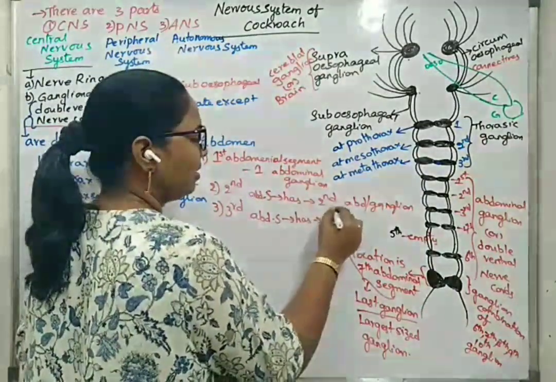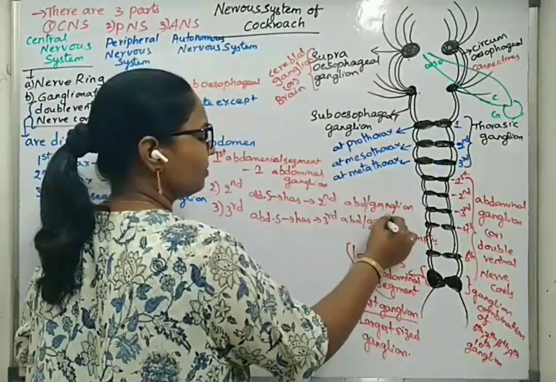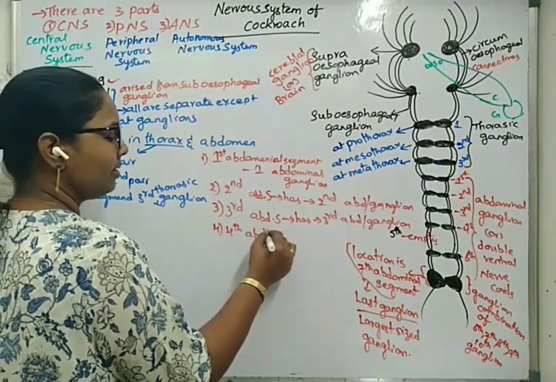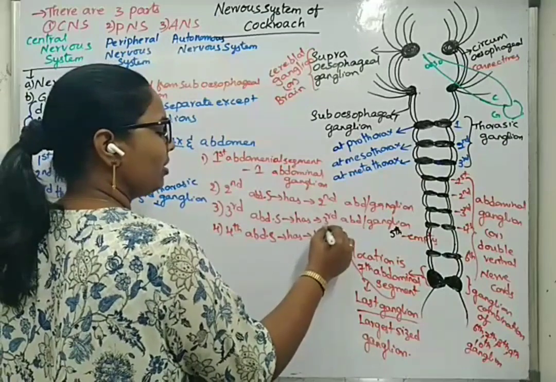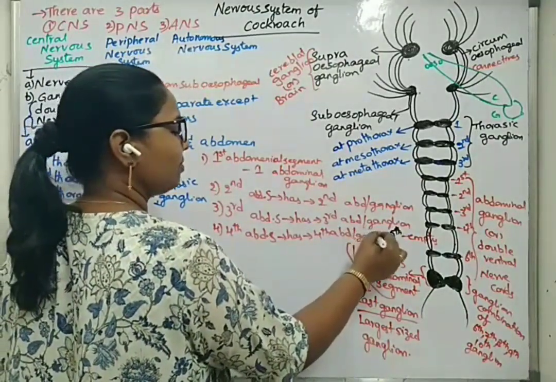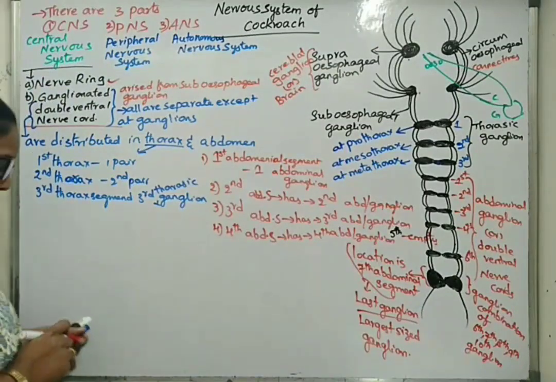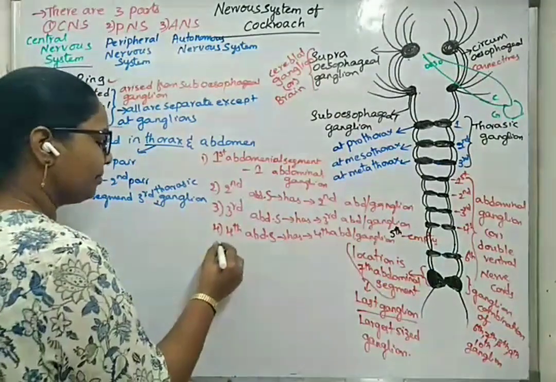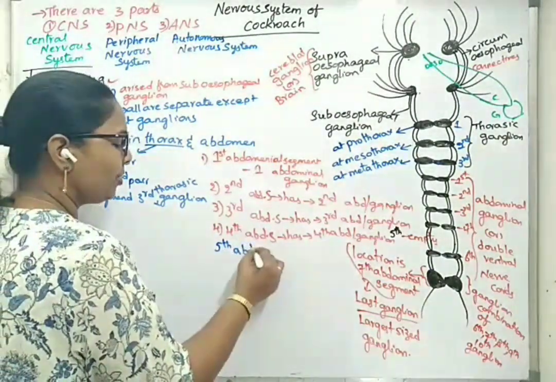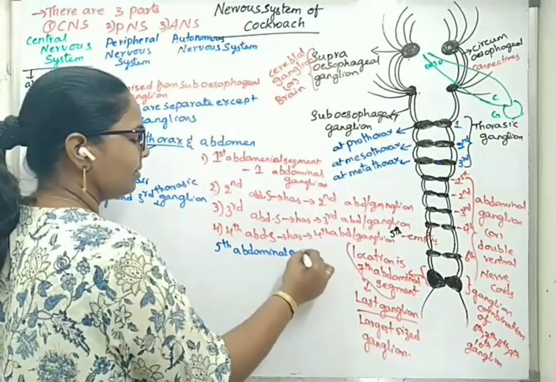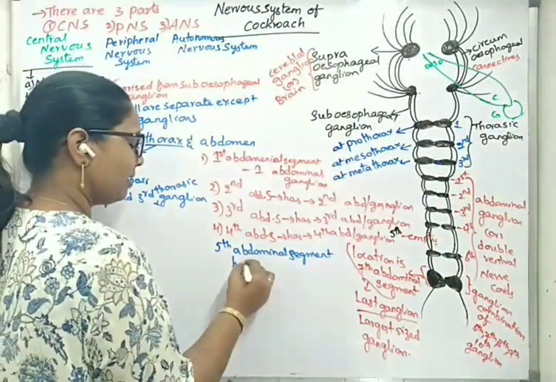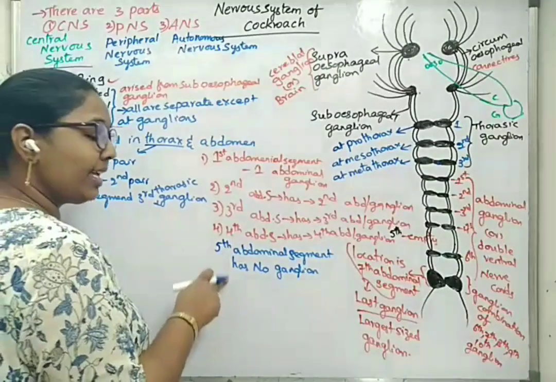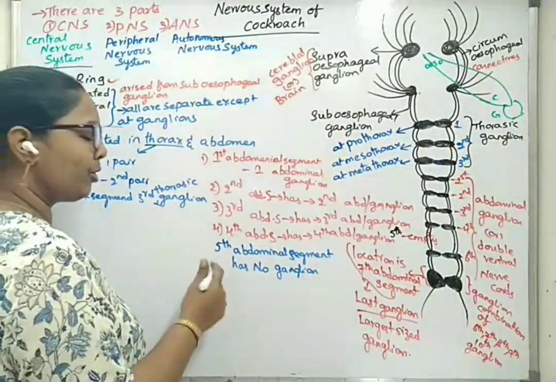Please try to understand. Next, in the same way, fourth abdominal segment has fourth abdominal ganglion. Now, what about the fifth abdominal segment? Fifth abdominal segment has no ganglion. Then what about the fifth abdominal ganglion? It is pushed towards the sixth abdominal segment.